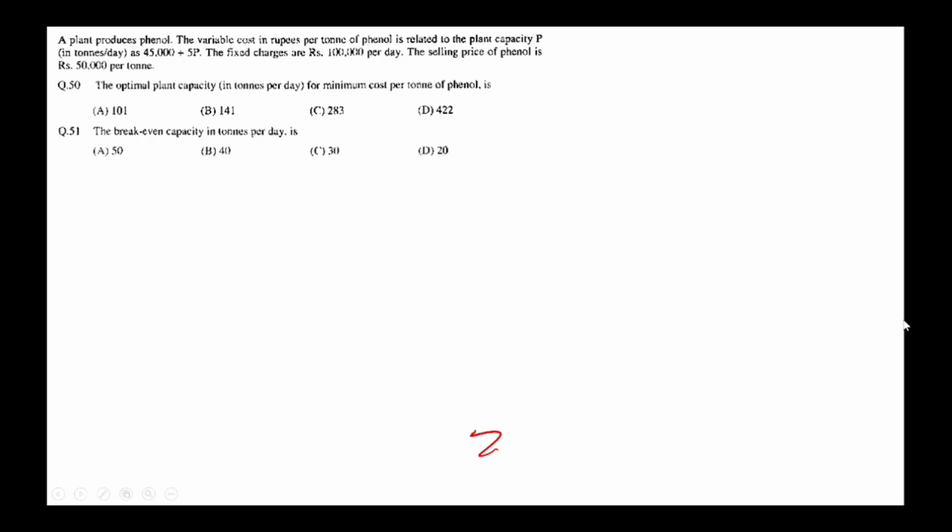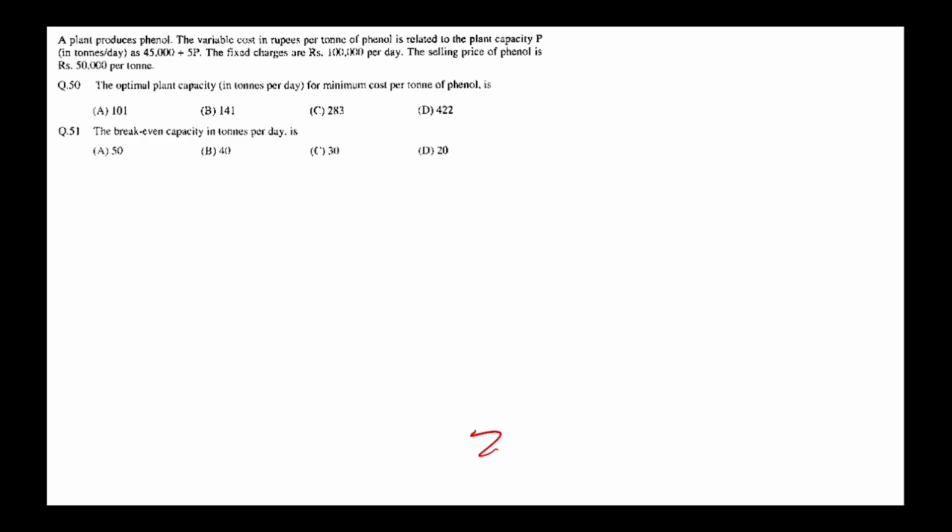So, very first, a plant produces phenol. The variable cost in rupees per ton of the phenol is related to the plant capacity P tons per hour. Variable cost is in rupees per ton. Fixed charges are rupees per day. Selling price of phenol is 15 per ton.